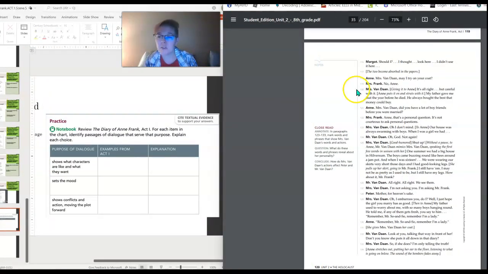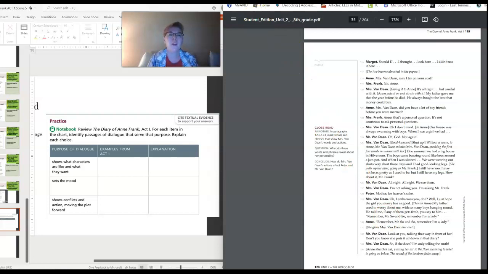So here it starts about paragraph 120, and this is in scene 3, and it's a conversation involving mostly Anne and Mrs. Van Dan about Mrs. Van Dan's dating life. Partway through, she talks about having nice legs and shows them to Mr. Frank, and then her husband and her son get embarrassed.